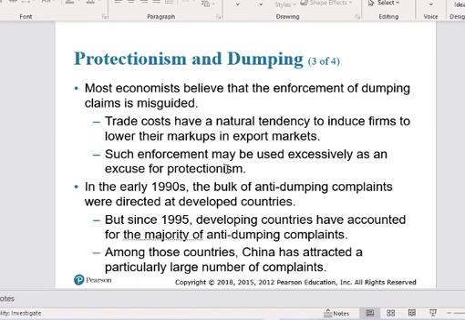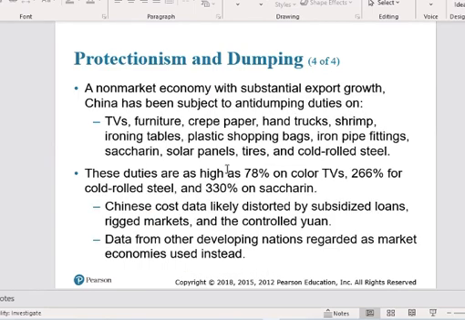But nowadays, the trend has changed a bit because China has started complaining about anti-dumping on foreign firms too. There's a rise, not only in China but in India too, in developing countries also raising the issue of anti-dumping against foreign products. So the trend has changed in the recent two decades.